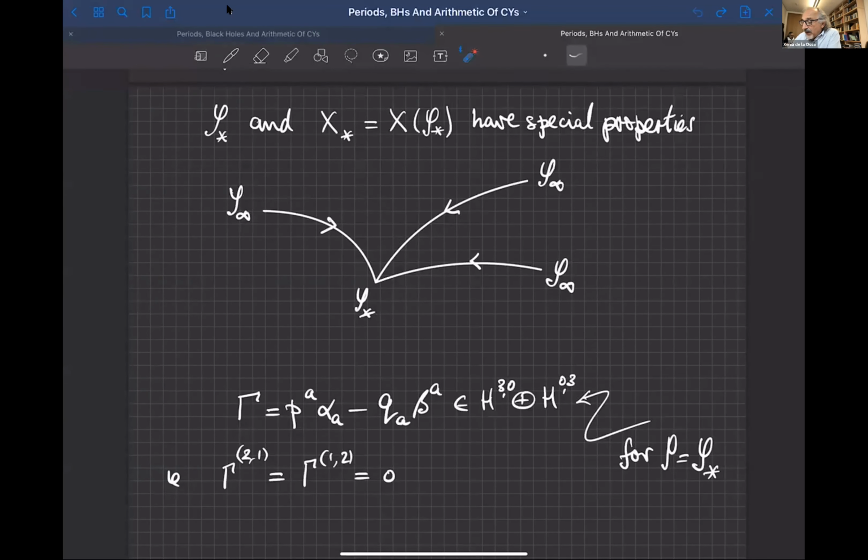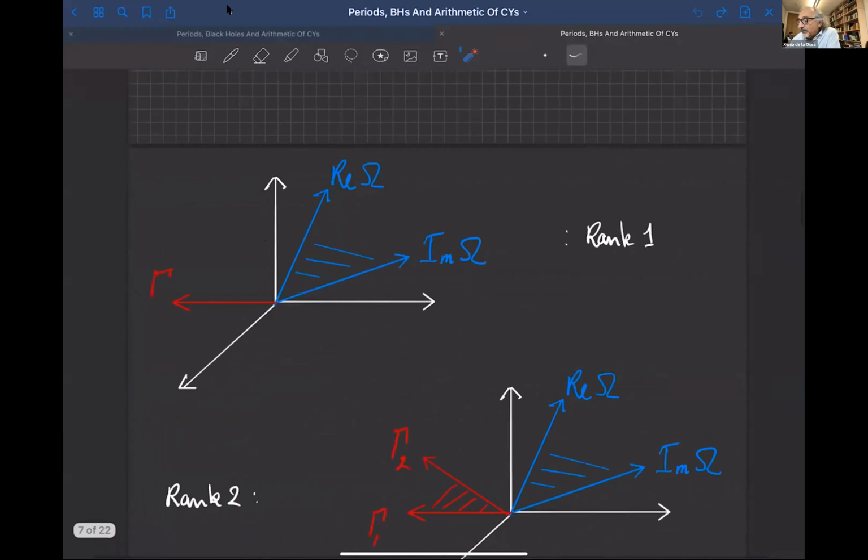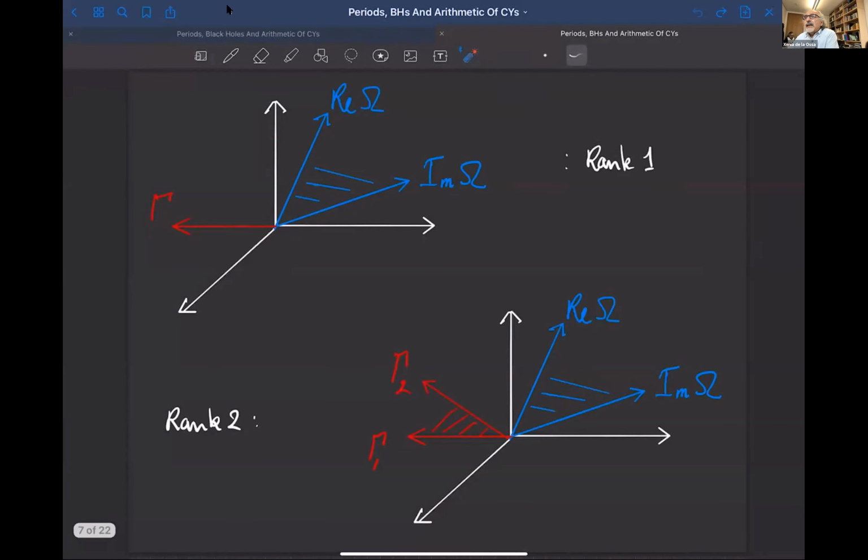So I have that sketched on the next slide. What we're saying is there's some gamma determined in integral cohomology. So gamma doesn't move. Gamma is a fixed element of the lattice. But we have the space determined by omega. And omega is complex, and I'm drawing this picture over the reals. So omega contains a real part and an imaginary part.